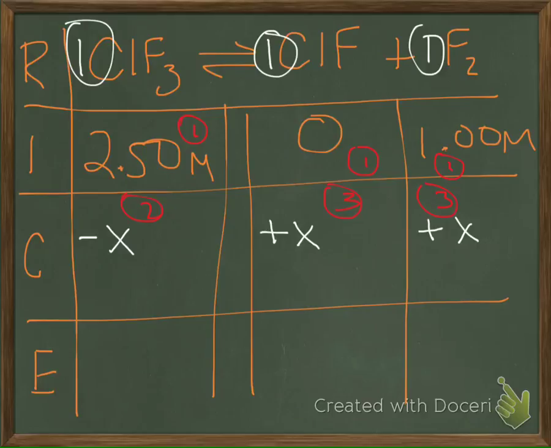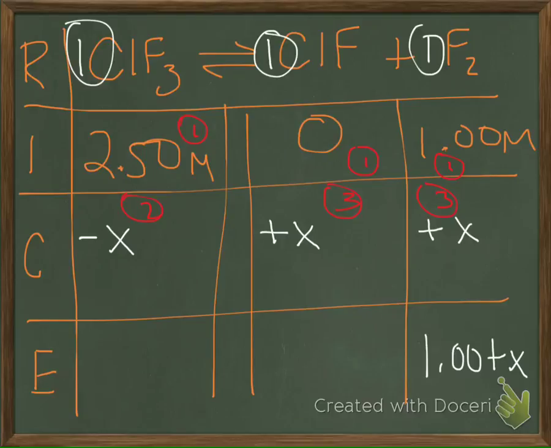And our fourth step is adding up I plus C equals E. So if we have that, this is going to be 1.00 plus x.